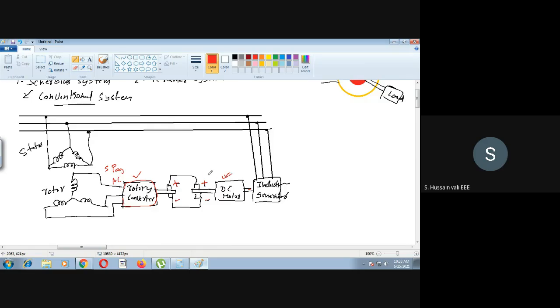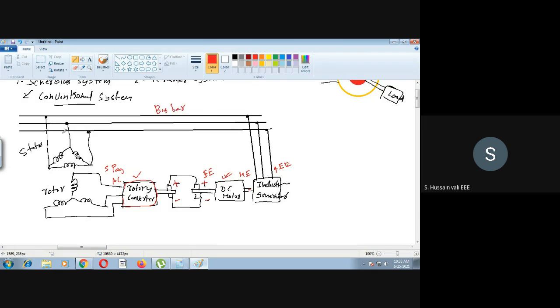This electrical energy is coupled to the bus bars once again, the same bus bars.